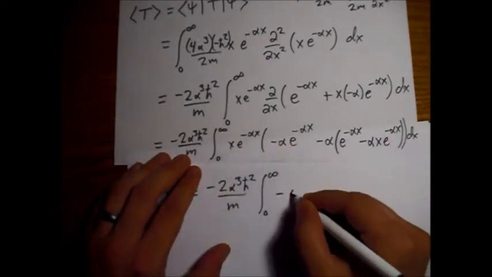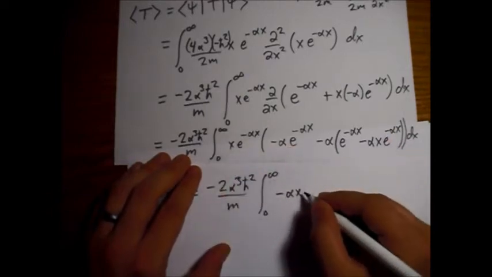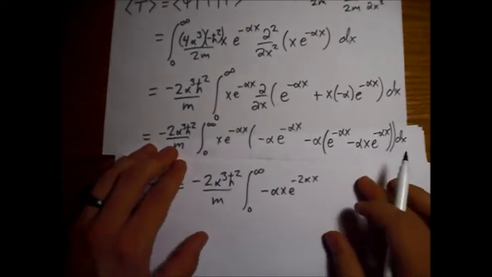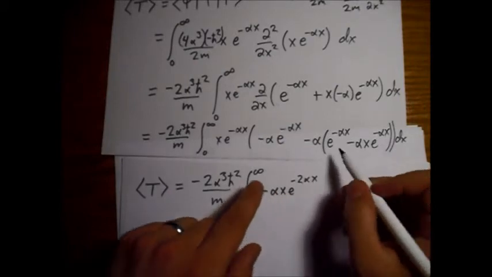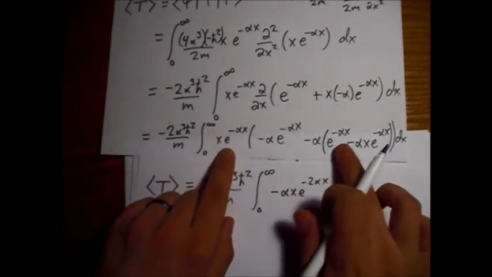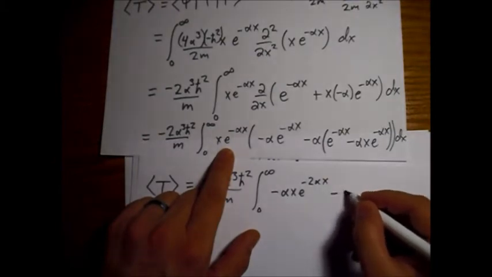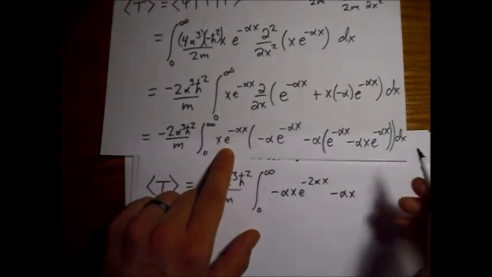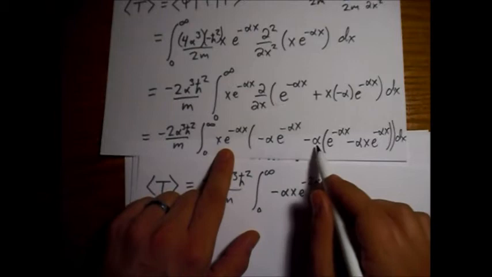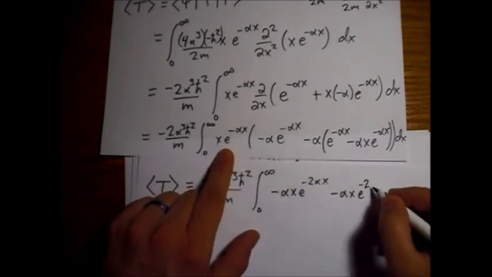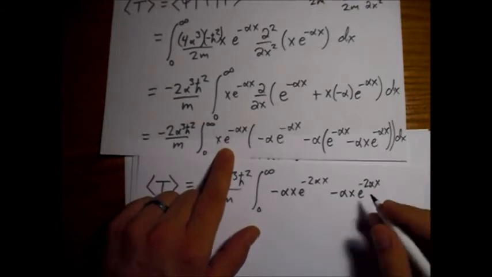So we get a minus alpha x e to the minus 2 alpha x. And now we will multiply this term right here, so we have a minus alpha x, and then e to the minus 2 alpha x again.